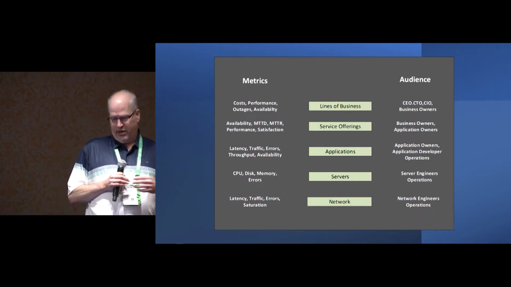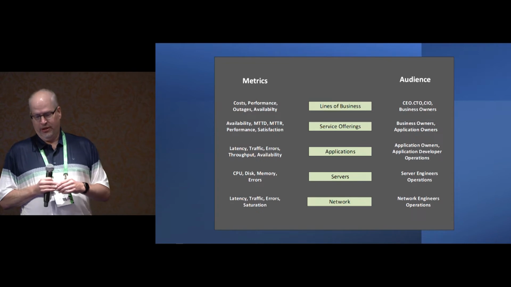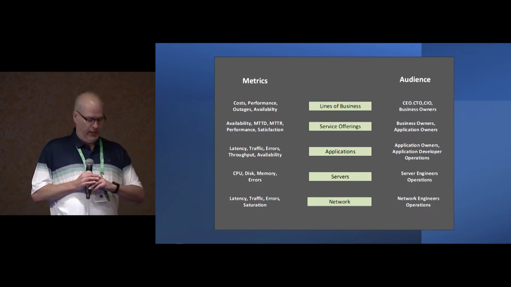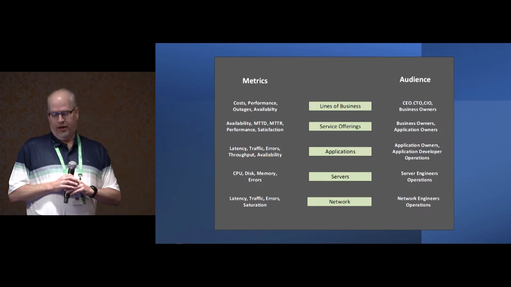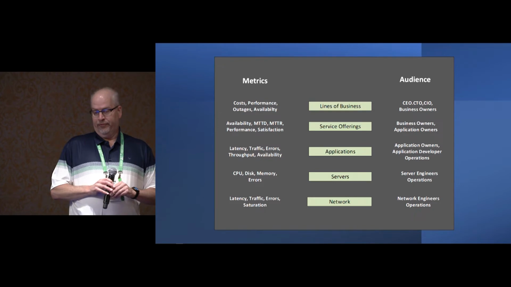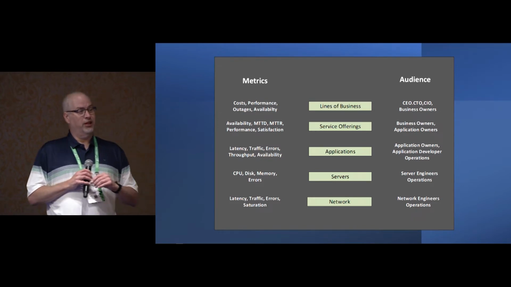So you look at the types of metrics. You've got latency, traffic, errors, saturation for networks; CPU, disk, memory, errors for servers; latency, traffic, throughput, and availability on applications. Then you start getting into the ones that normally aren't part of the enterprise monitoring space, you think.